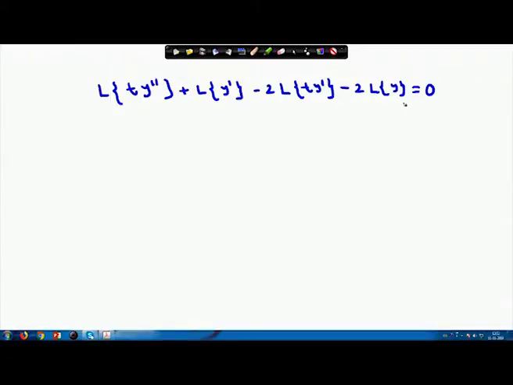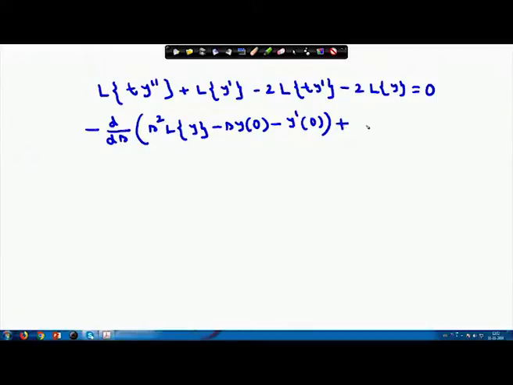Laplace transform of t y double dash is minus d d s of Laplace transform of y double dash, that is minus d d s of s square into Laplace transform of y minus s y 0 minus y dash 0, plus Laplace transform of y dash. Laplace transform of y dash is simply s Laplace transform of y minus y 0.